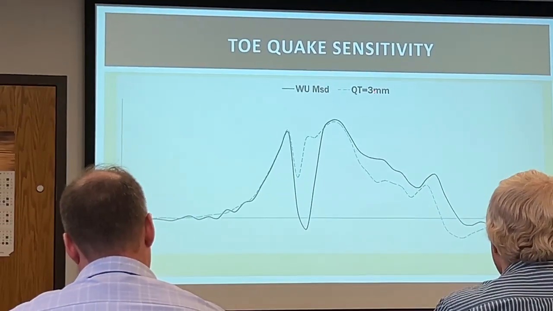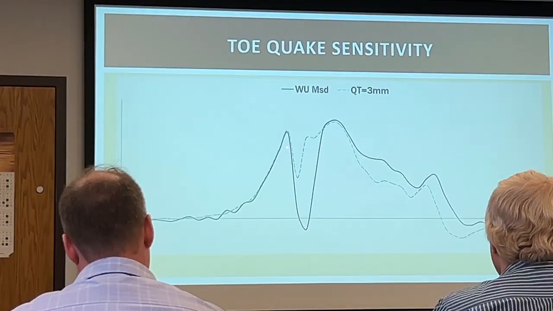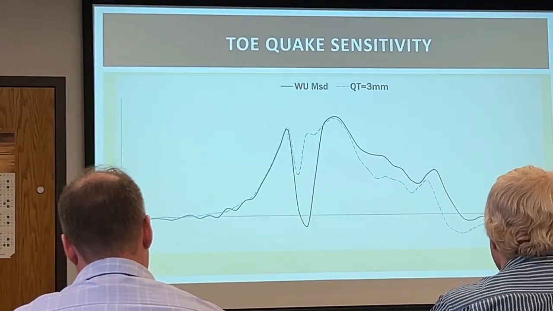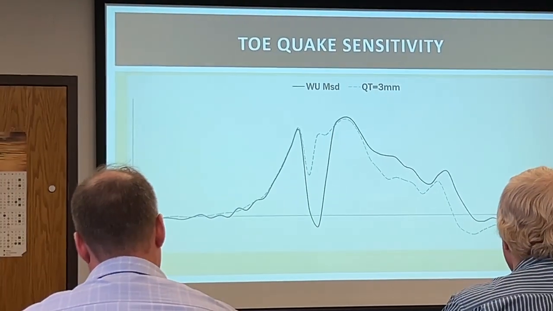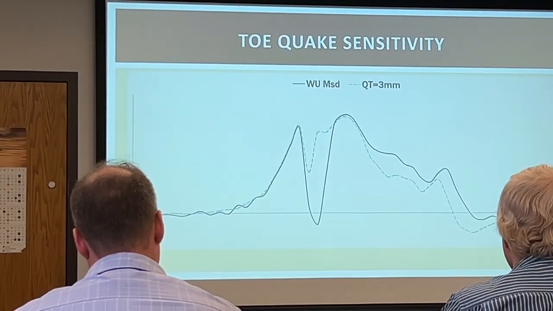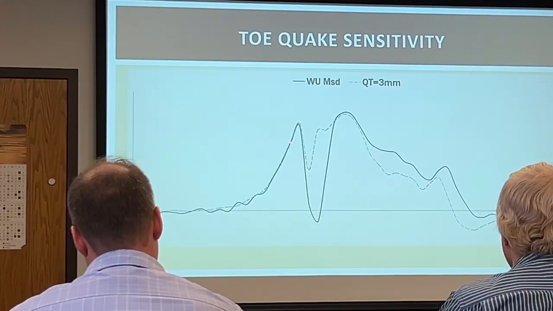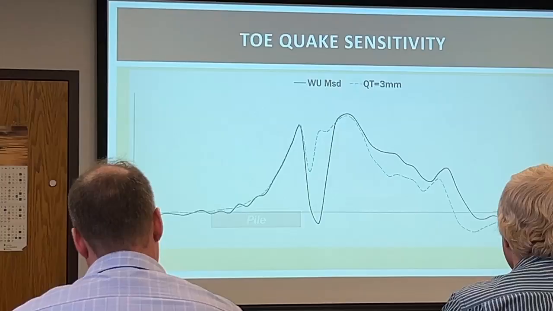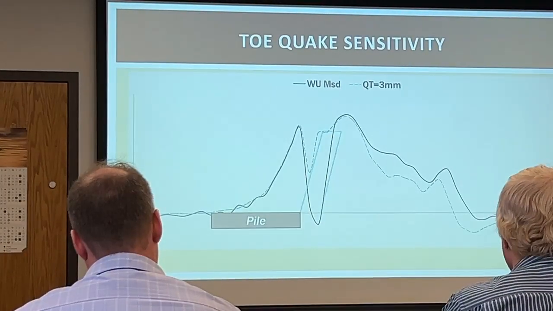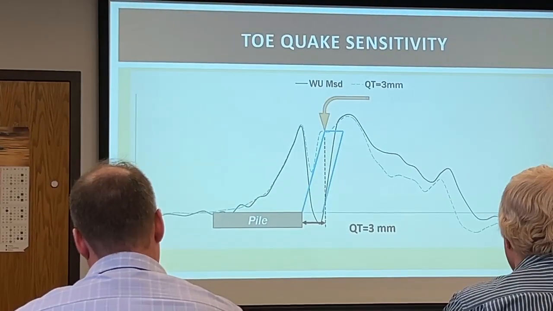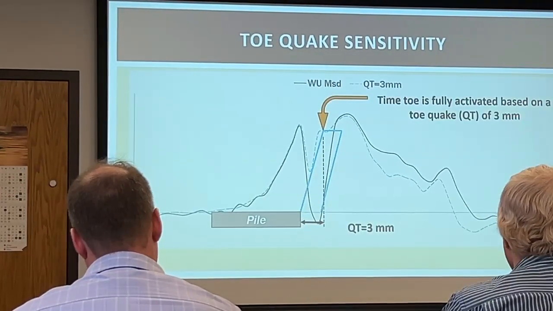If I use my model for CAPWAP in blue, and I have a very stiff soil modeled at the bottom, then I will expect high wave up relatively quickly after the impact. So there's the pile. There is our static load set curve at the base.